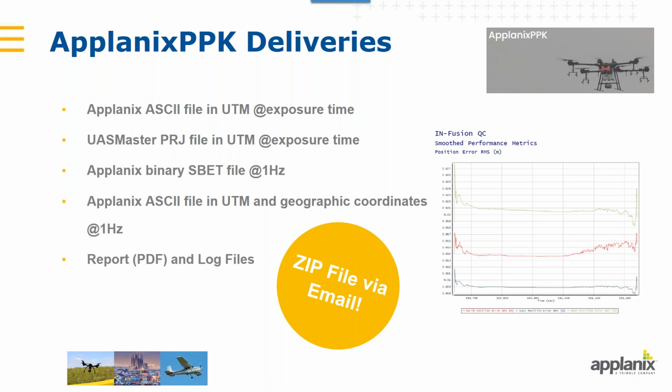And the log files give you also an insight of how the process worked, what were the input files, etc. So this is all bundled into a zip file that is provided to you in an email, or you can also download the zip file directly from the web.